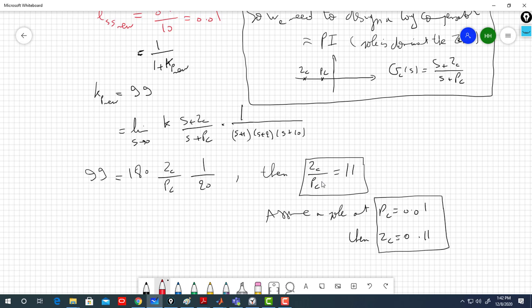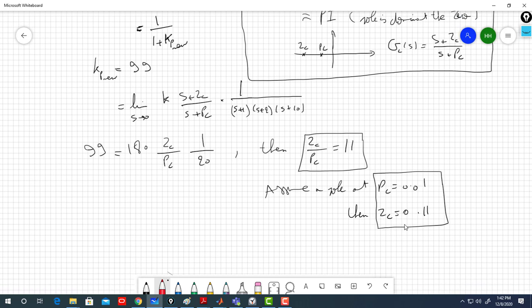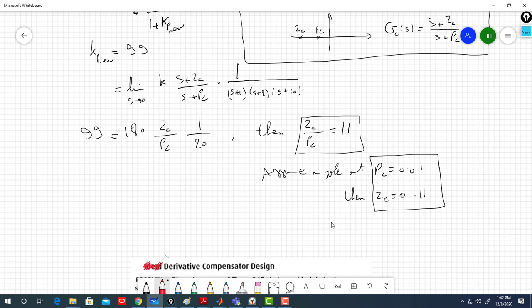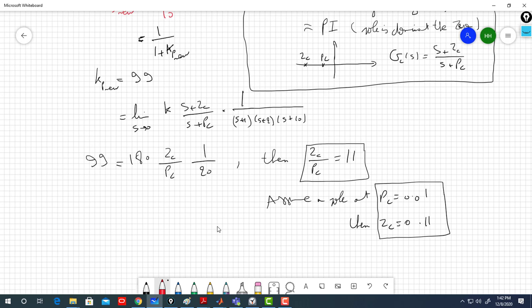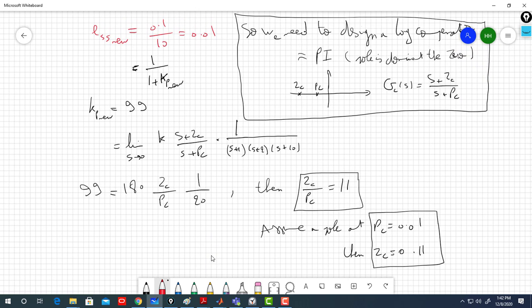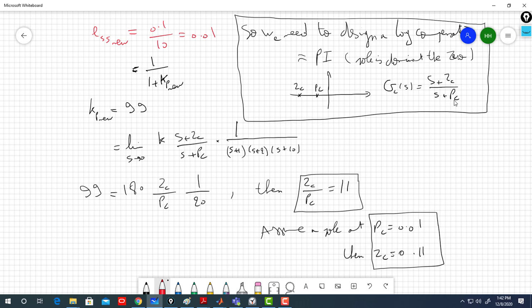Once you have ZC over PC, assume a pole, then get the zero. Alright, and you get then the lag compensator, which is ZC and PC known. Basically this should satisfy your requirement. That's how to do it.